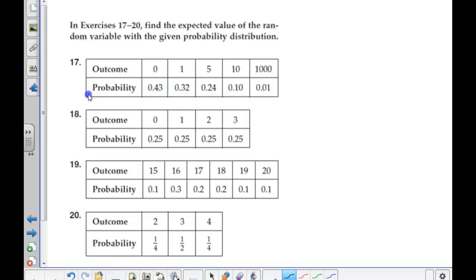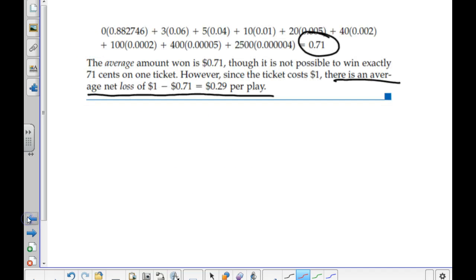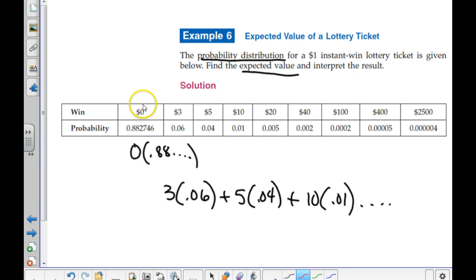Is there an expected value question we could, these are find the expected value. Anybody know how you're going to find an expected value there? Did anybody get expected value at all? One more time, guys. 0 times this, plus 3 times this, plus 5 times this, plus 10 times this.